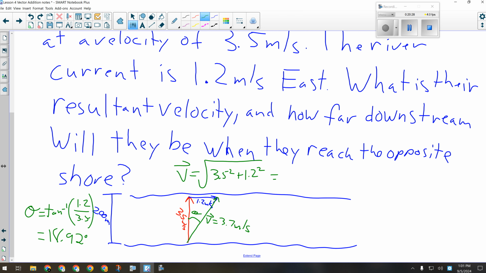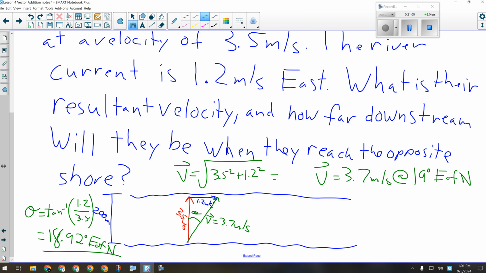And for me, that's going to be east of north. Pretty sure I've got 2 significant digits there.